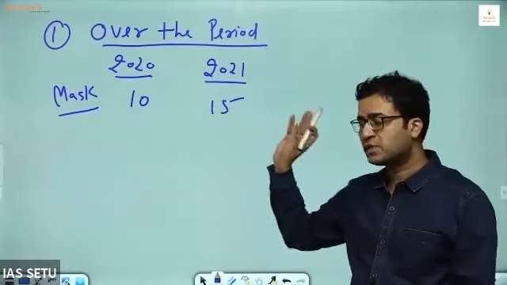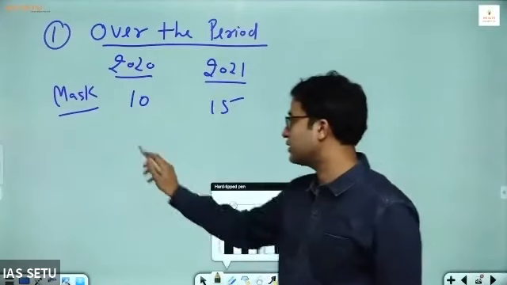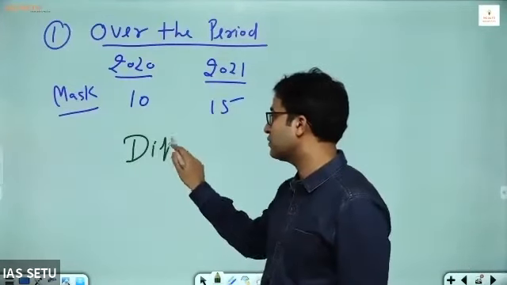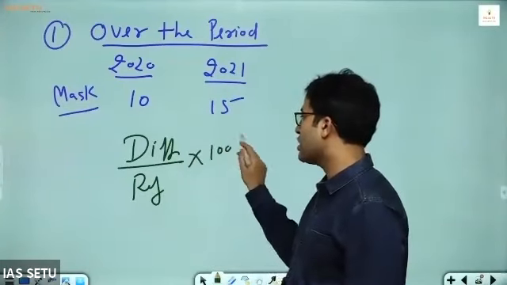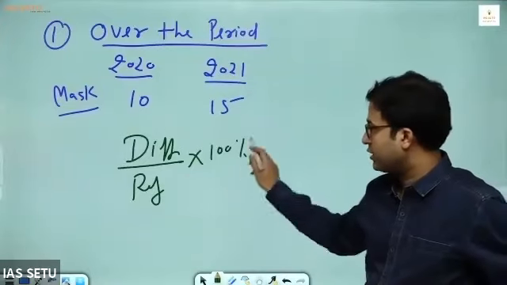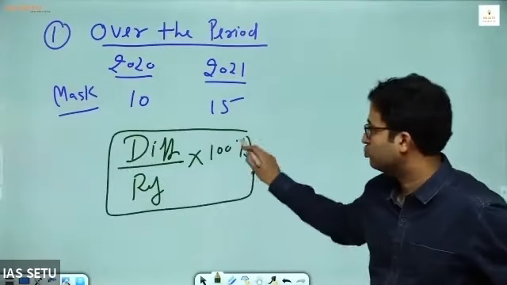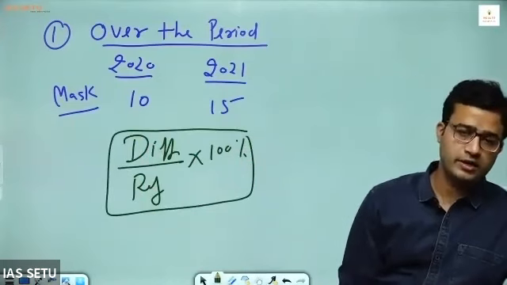So whenever they ask percentage increase, decrease, percentage change, your key point here is difference upon reference into 100%. You write this, it will help you out. Any question here, difference upon reference into 100%.